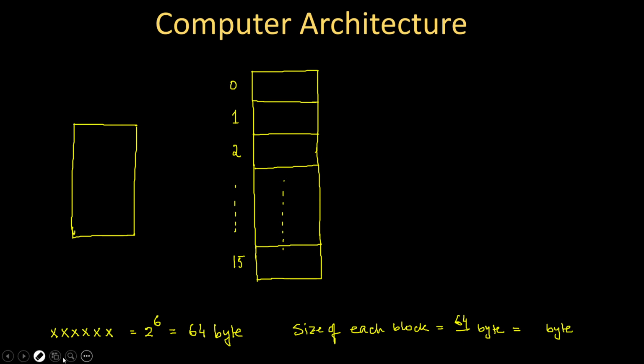Why 4? Because I have 16 blocks, that means total size of the memory divided by the number of blocks, which is 4 bytes.